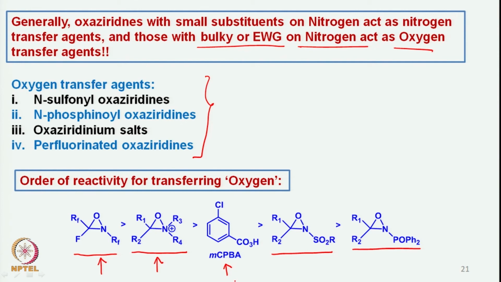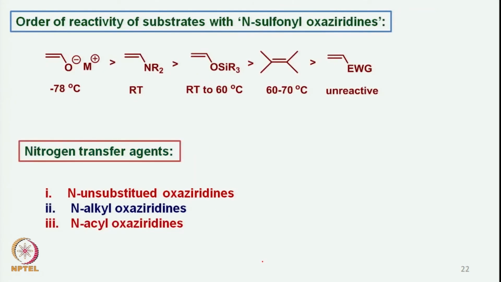Now, that depends upon the reactivity of the nucleophile that we have. So, based on that, if we know the order of reactivity of the nucleophiles, then one can readily match it with the oxygen source as well as the enolate nucleophilicity and decide which combination to take.